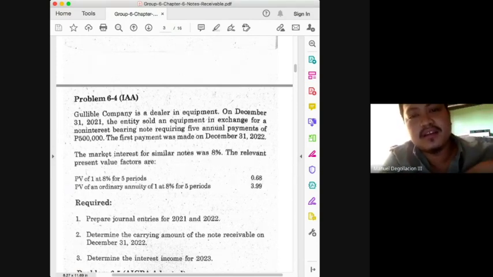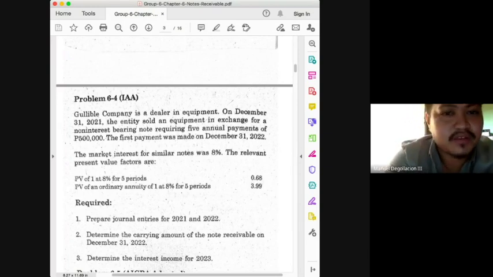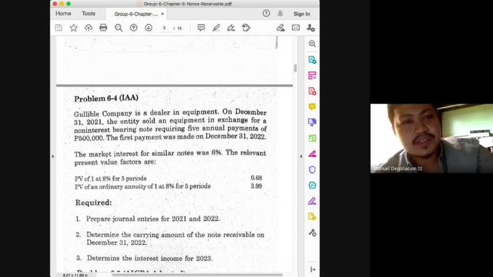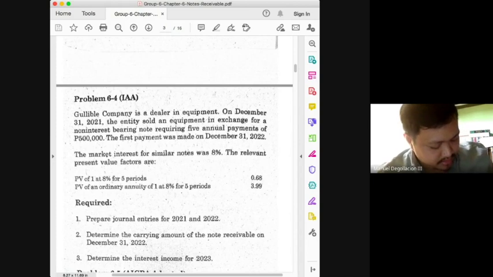But again, we are supposed to use the effective interest method. So it should be based on the outstanding balance. It should be based on the remaining principal balance. And you just have to multiply the effective interest rate with the outstanding balance. So how much was the principal component of the notes receivable? It's 1,995,000.